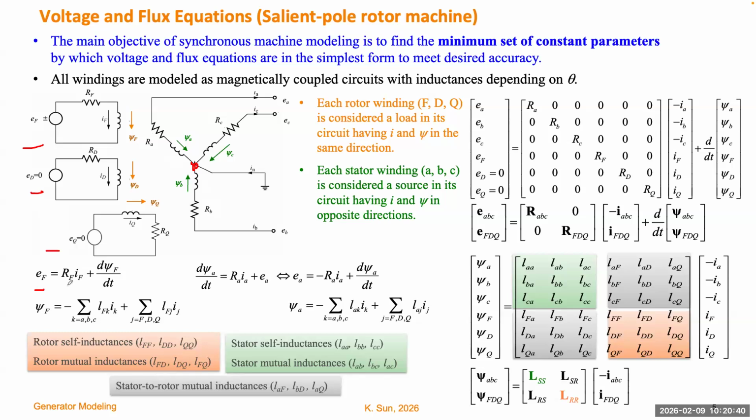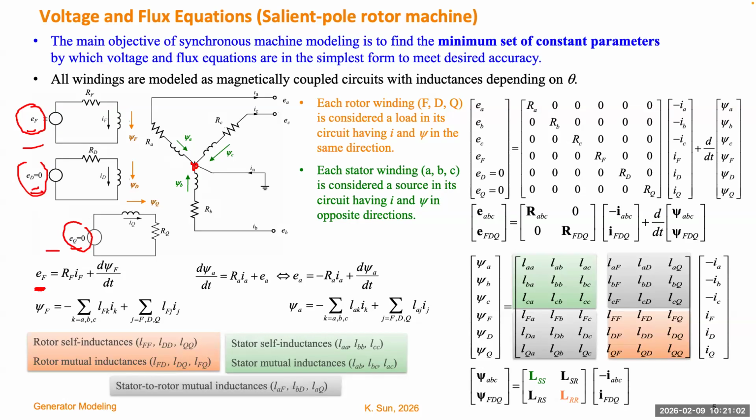On the rotor side, we have the instantaneous voltage as source. Actually the only source is the field voltage, and the other 2 voltages are basically 0 under normal conditions. They're only non-zero under some conditions when the rotor is shaking or oscillating.